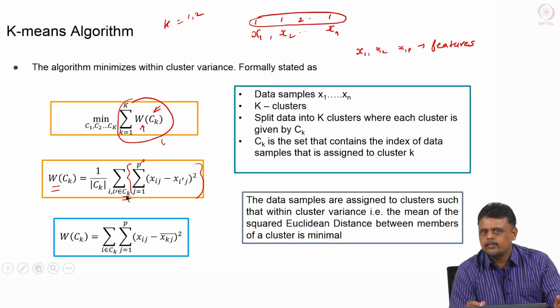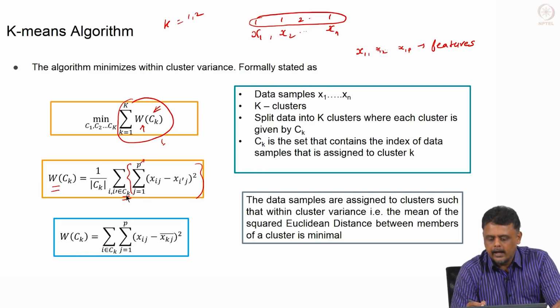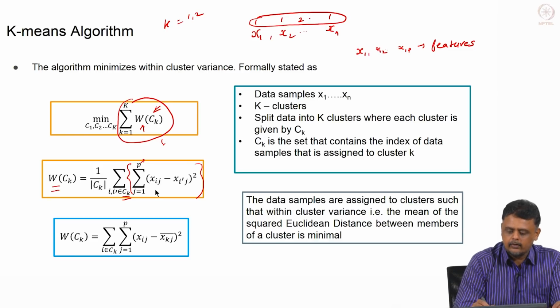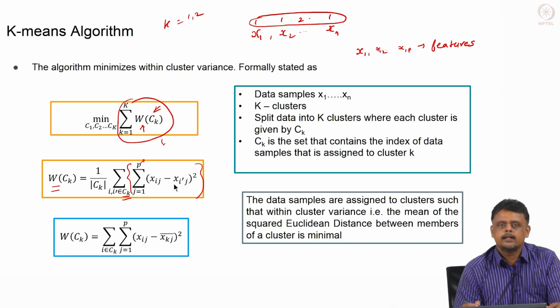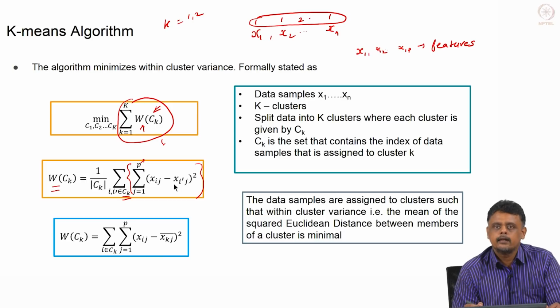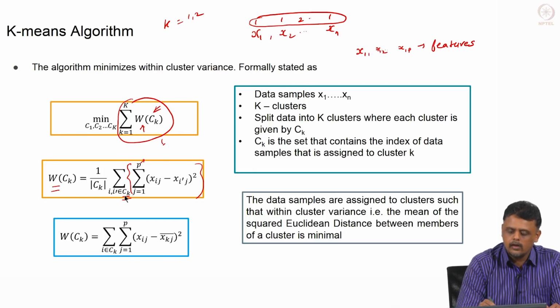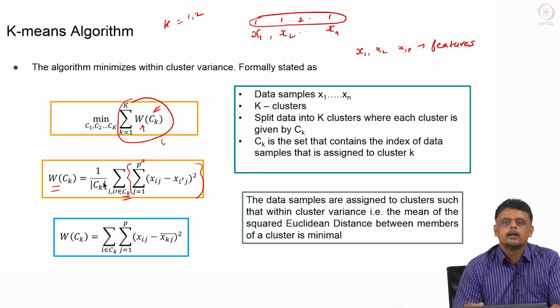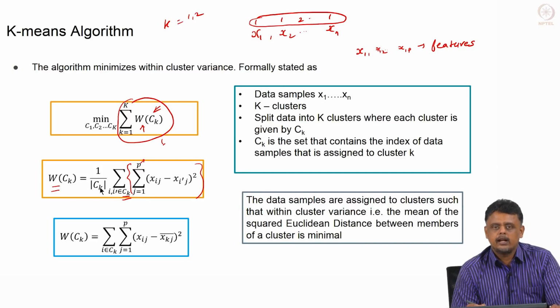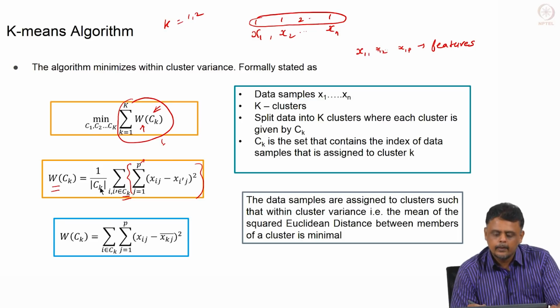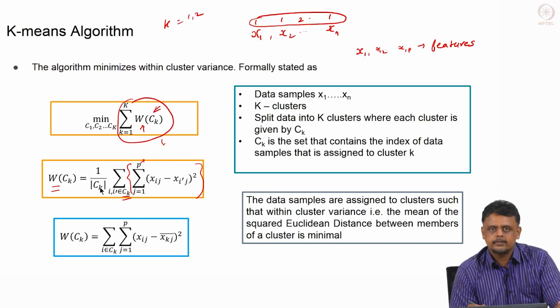Let us say we have an initial clustering and we are looking at only the elements in that cluster, and we are calculating the sum of these distances between the elements in that cluster. We do so for all the clusters, and every time we divide by the number of elements in that cluster. This is the intra-class variance that we are trying to minimize.